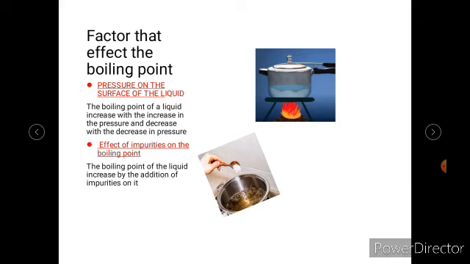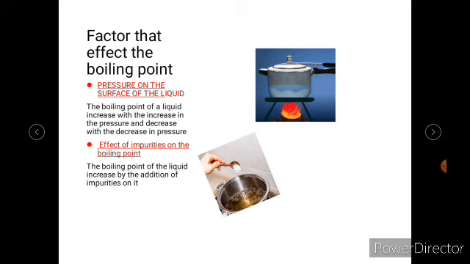Because of impurities, the boiling point will also increase. For example, while boiling an egg, your mother or father used to pour a little bit of salt so that impurities are present, and because of these impurities the boiling point of the water increases from maybe 100 to 110.